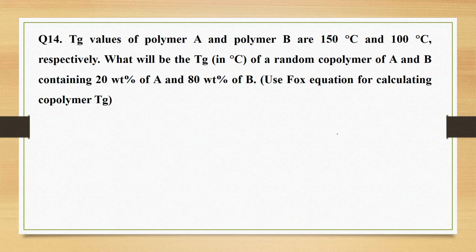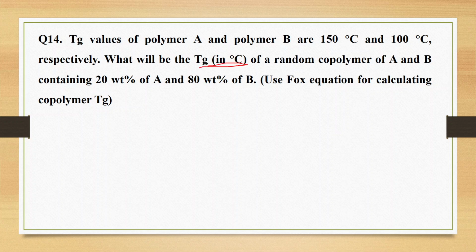Okay, so this is the fourth. I think this is the last question probably. It states Tg values of polymer A and polymer B are 150 degree and 100 degree centigrade respectively. What will be the Tg in degree Celsius of a random copolymer of A and B containing 20 weight percentage of A and 80 weight percentage of B?